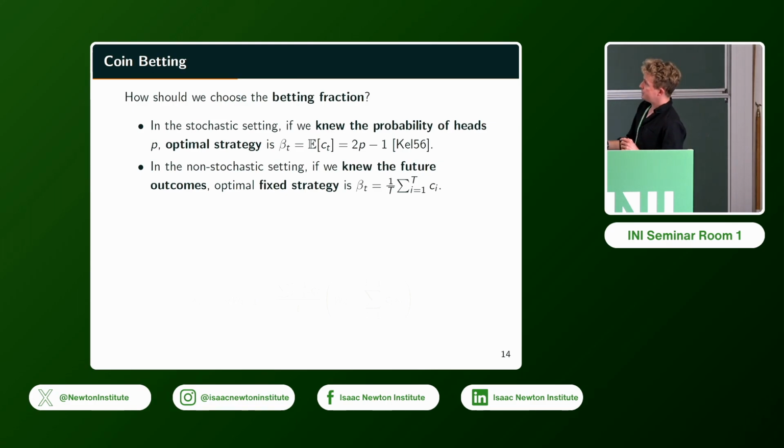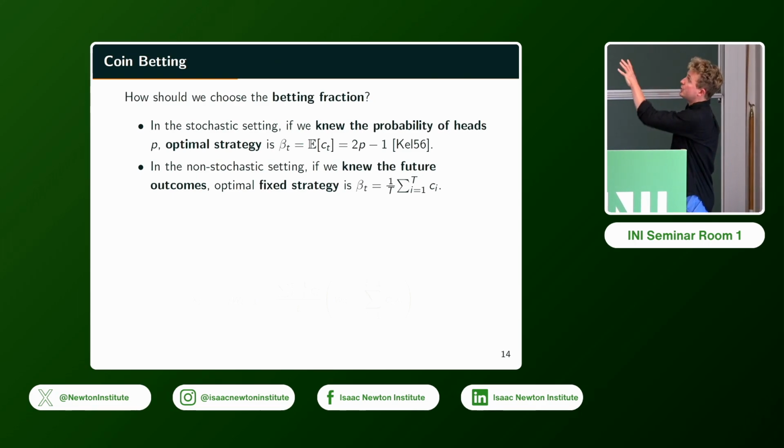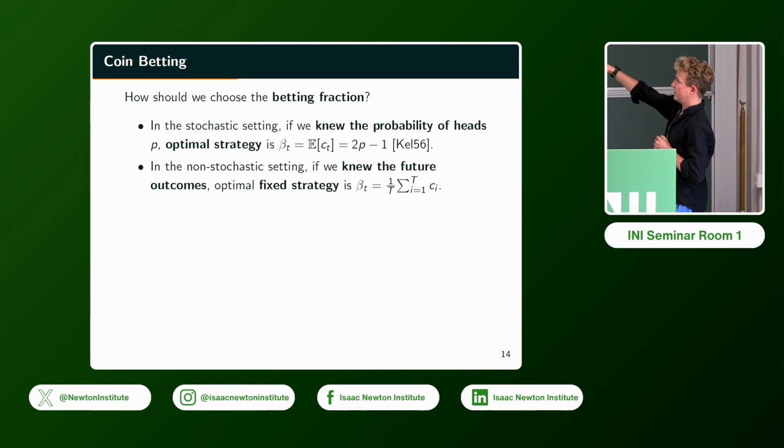In the non-stochastic setting, let's imagine the sequence of coin flips were predetermined but non-stochastic, and we knew them in advance. Then it turns out the optimal fixed strategy is given by this, which is essentially the empirical average of the outcomes.